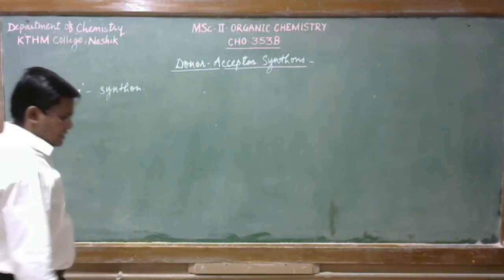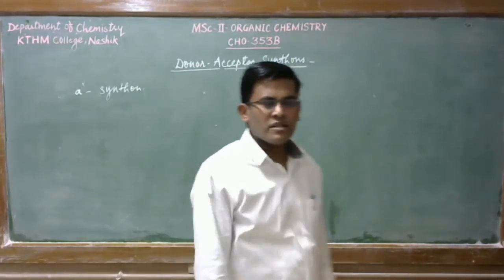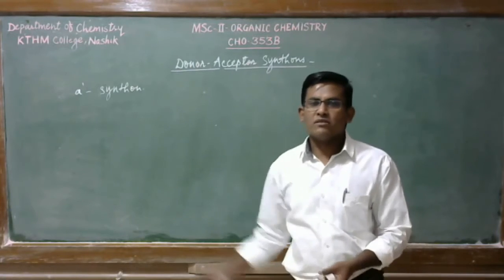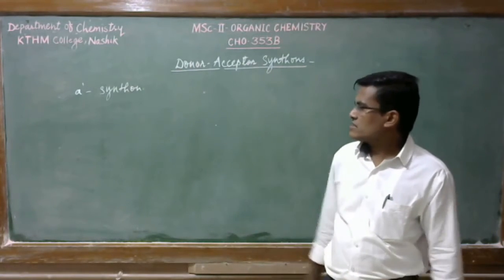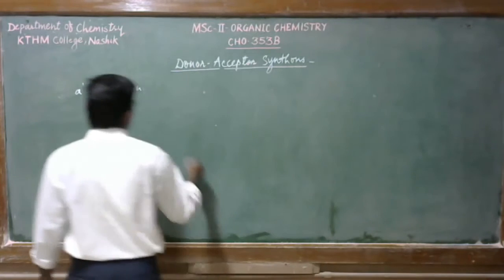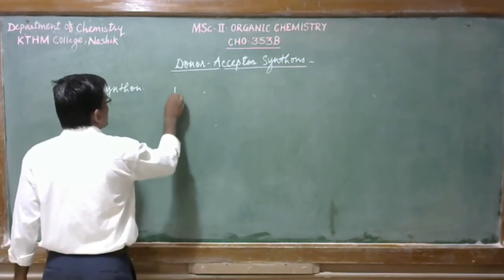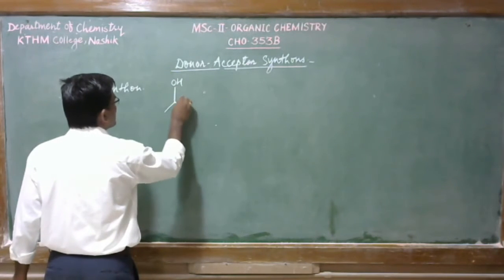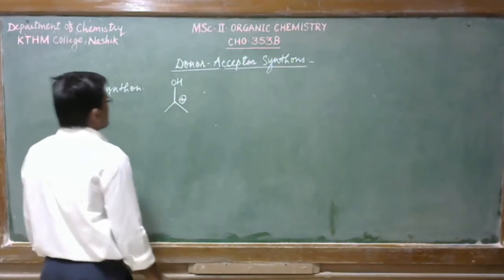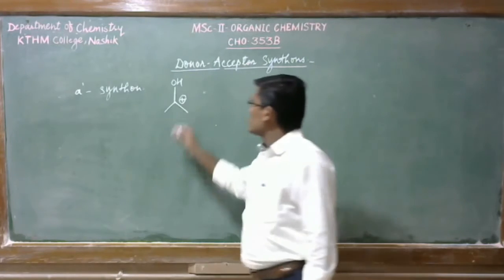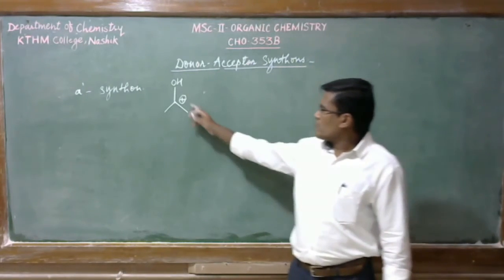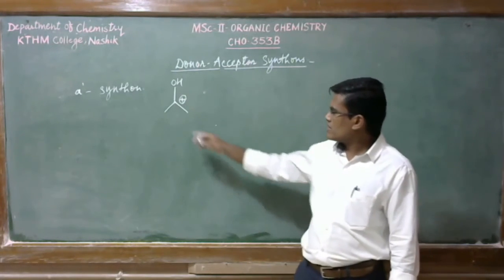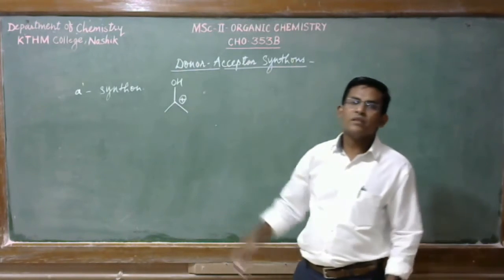So this is the acceptor synthon, this A1 synthon. Here the position of this charge is present where the functional group is present.